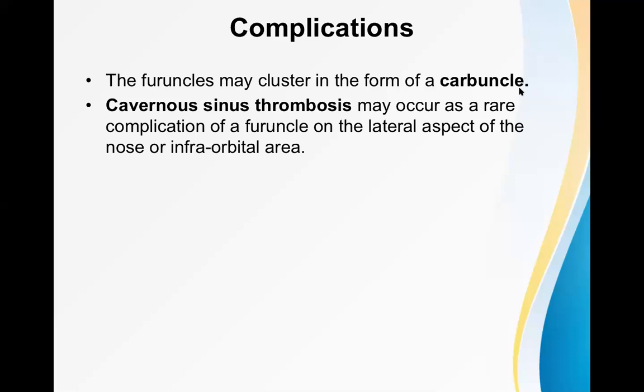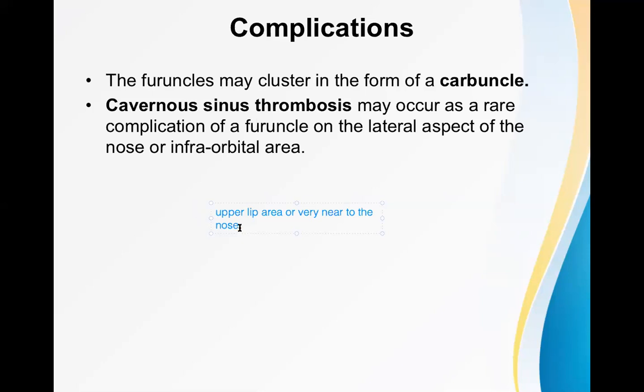And another thing, if this furuncle occurs near the upper lip area, let me explain this. Let me take a bit of time here because this is a very important point. In the upper lip area or very near to the nose, the veins which are draining this area have connection with the intracranial veins.